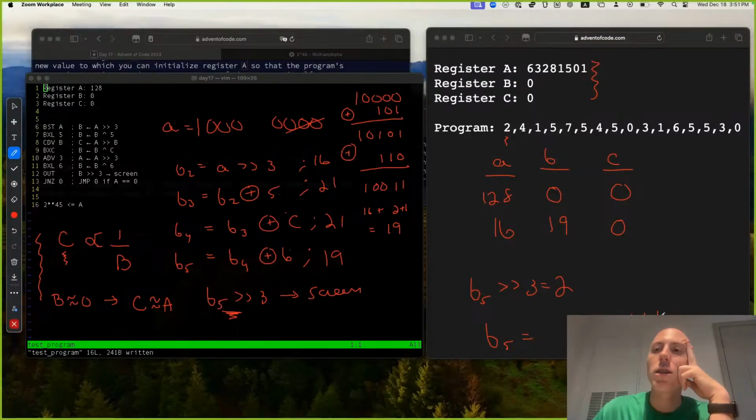These could be 1s, they could be 0, but they're going to be chopped off. So B5 basically needs to be this. So B5 needs to be this to get 2. And so in order for B5 to be that, what does B4 have to be?